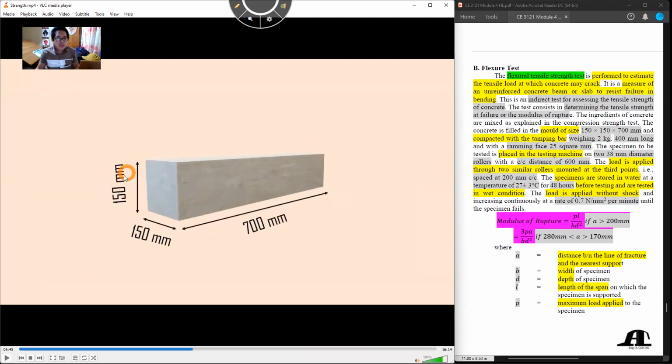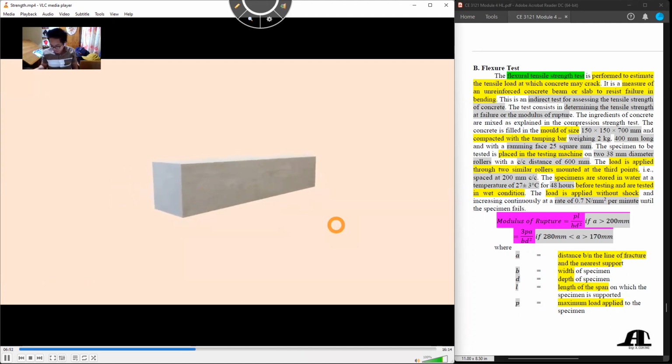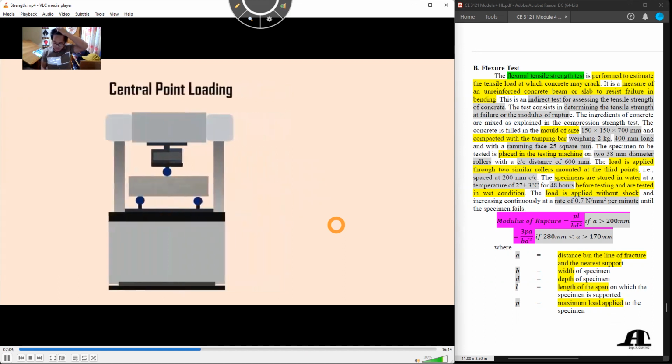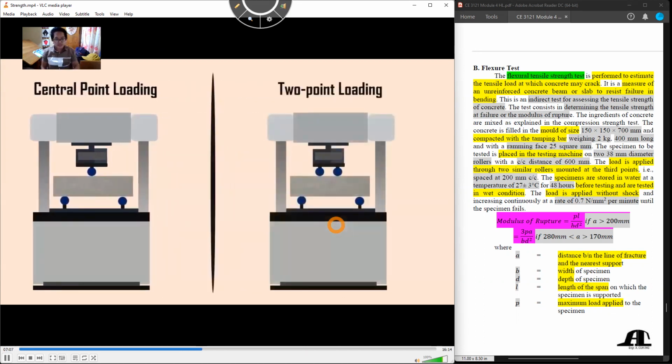Beam with 150 height, 150 width, tapos 700 millimeters into 150 millimeters into 700 millimeters or 100 millimeters into 100 millimeters into 500 millimeters. Flexural strength of concrete is determined by either central point loading or two-point loading. So dalawa yung class, no? It's either center point, meaning yung load linagay sa center, or yan, yung two-point loading.